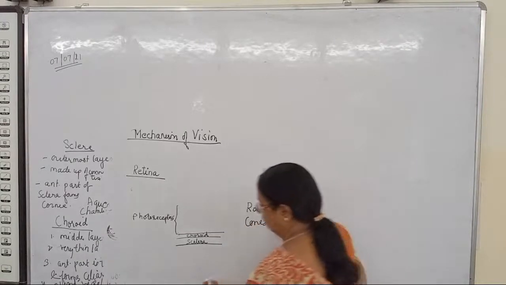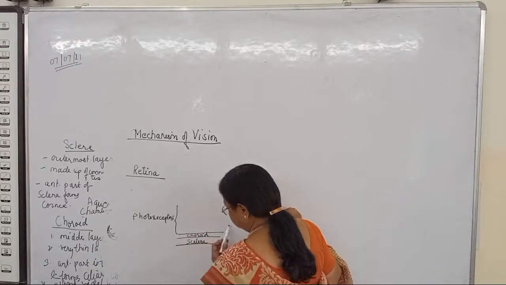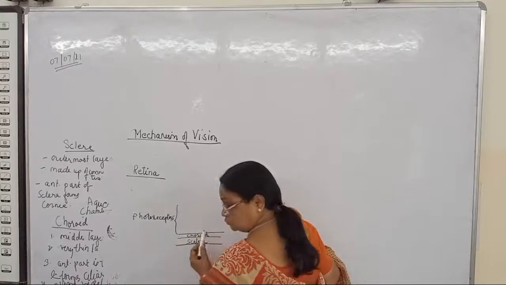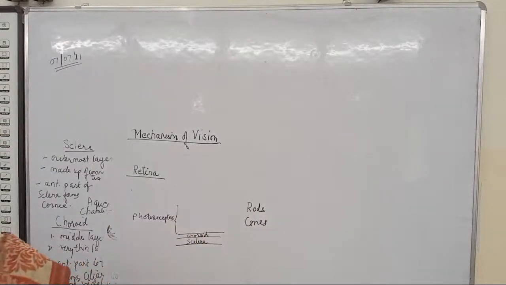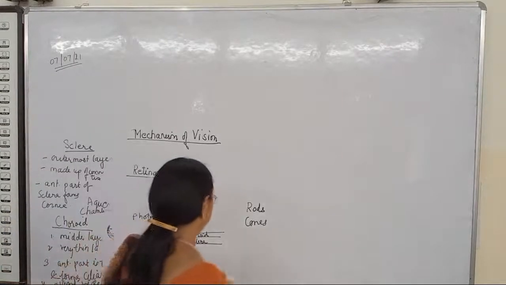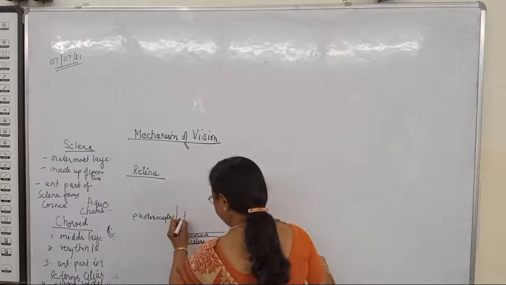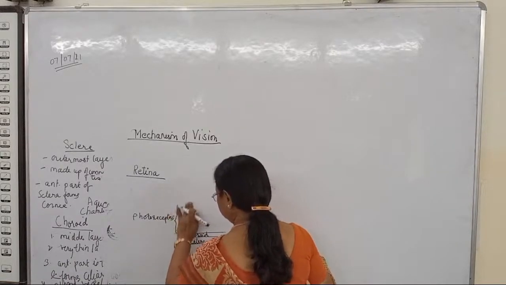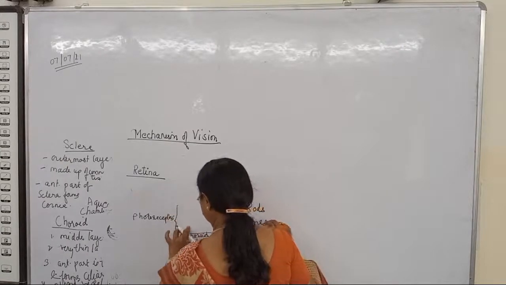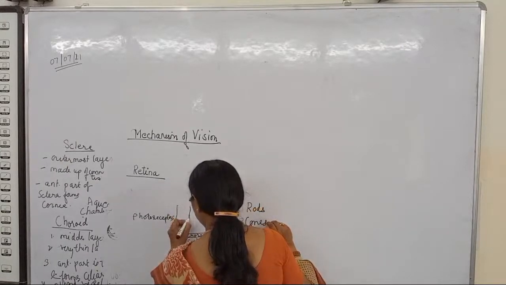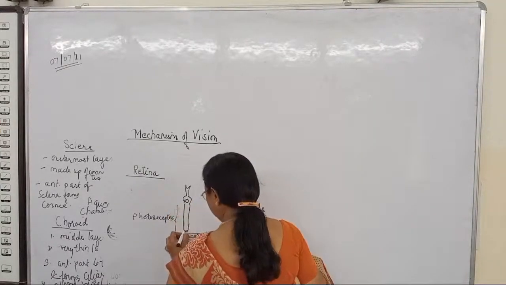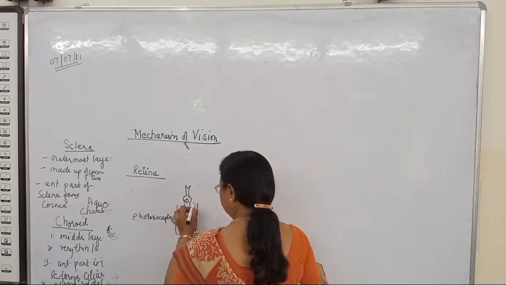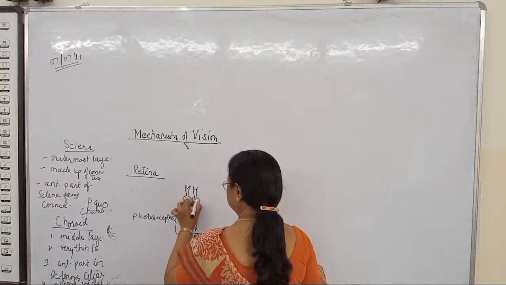Now you will see that these rods and cones are a plain rod, and then you have conical structures which are cones.